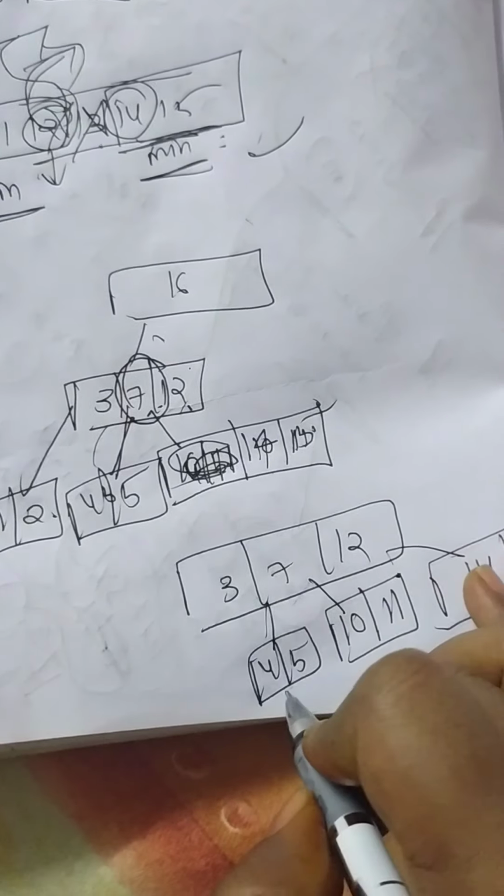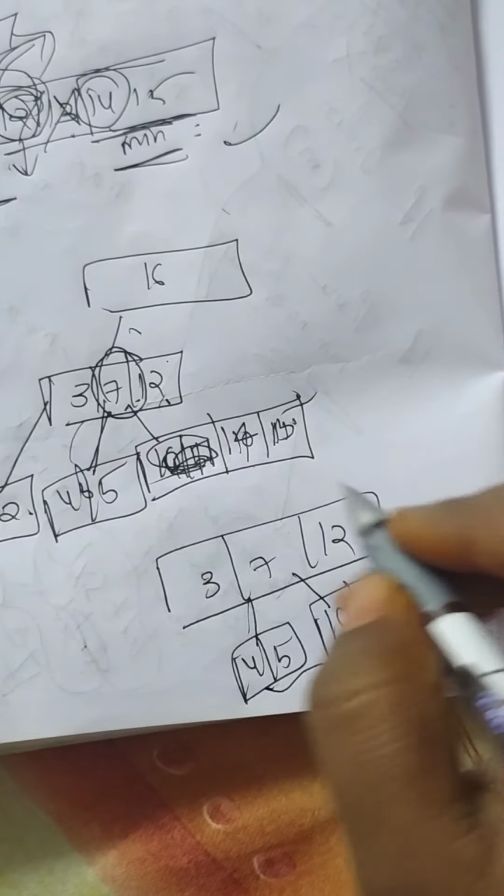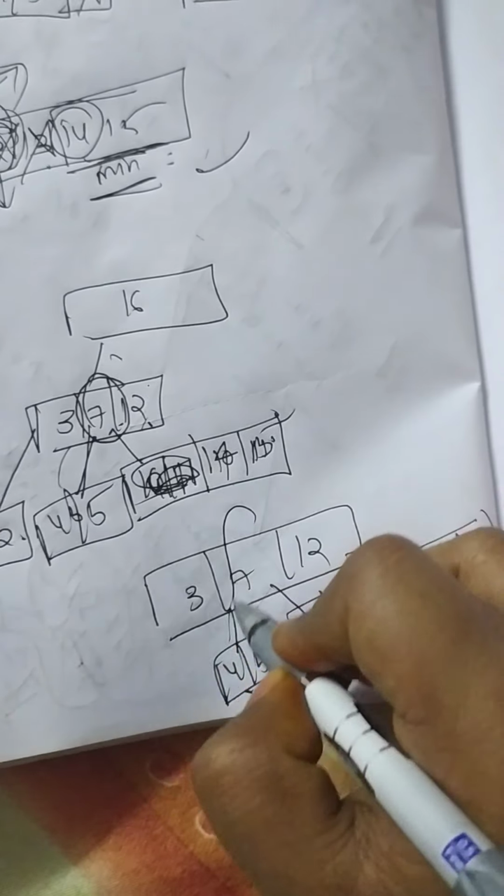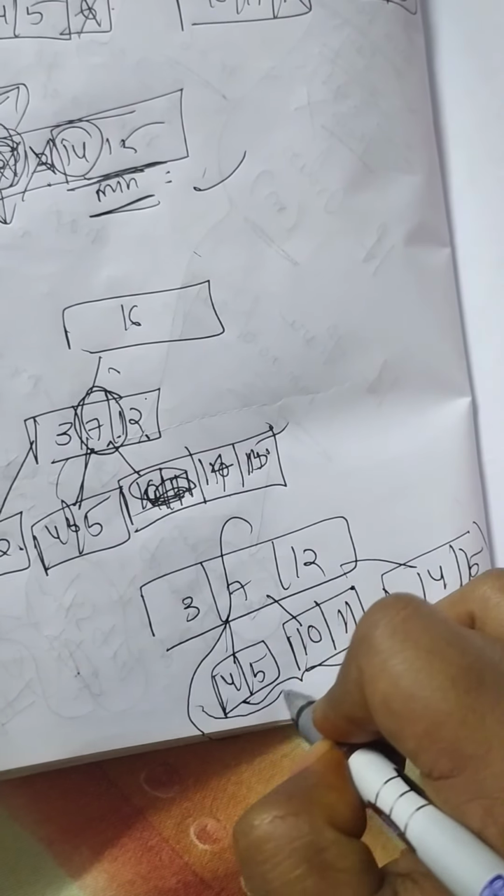Here there is no surplus key either in left or right. So we have to merge all those.